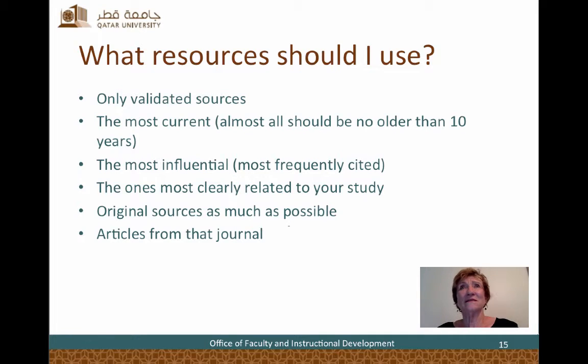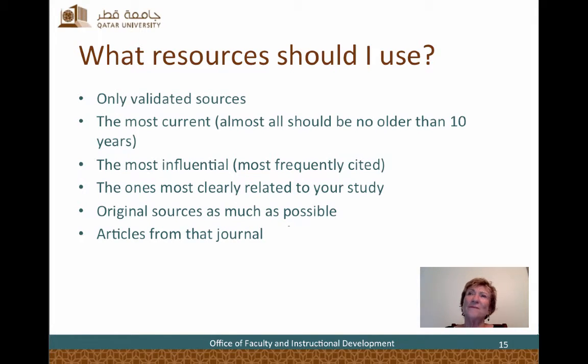A lot of time I cite something from the Department of Education in the U.S. That's validated, even though it may not have an author. But avoid just where someone's written on a blog, where someone has put up a paper in open source, but you can't tell if it's been peer reviewed. So look at the quality of the paper, because the editors and the readers are going to go down to your reference list.